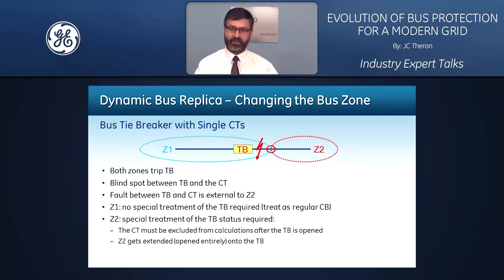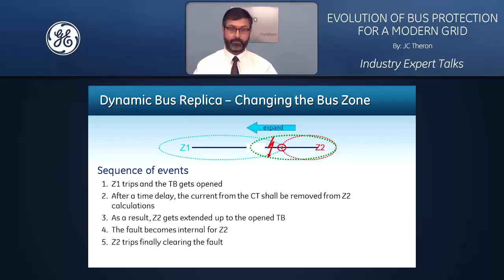It just acts as a regular zone and treats the tiebreaker as a regular circuit breaker. However, for zone 2, special treatment is required based on the tiebreaker status. In this case, the CT must be excluded from the calculations after the tiebreaker is open, meaning zone 2 gets extended, or opened entirely, onto the tiebreaker.